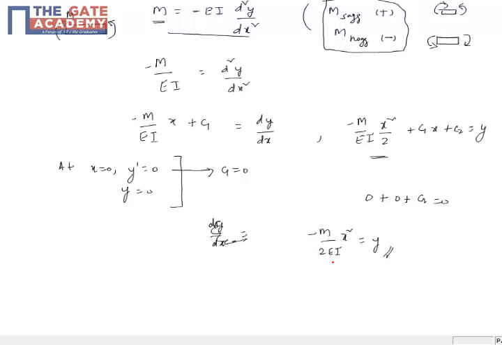Now we need the maximum deflection, obviously that happens at x equal to L, and that is minus M L square by 2EI. Now the sign represents, that's the beauty of this equation, that because all the signs have been taken care of at the beginning, this will give you whether the deflection is positive or negative.